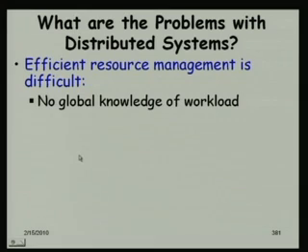One is resource management is difficult, because at any time we do not know what the workload of different processors is. It is very difficult to keep track instantaneously of what is happening in different processors, because even if they exchange their information, by the time it reaches, it will become obsolete.